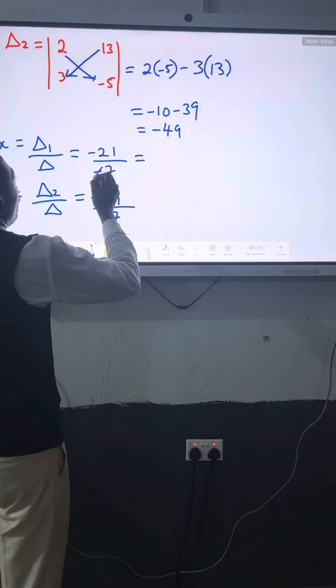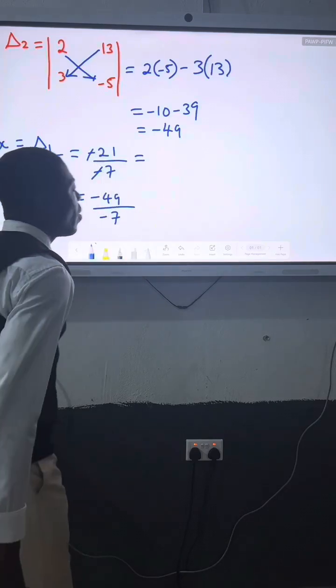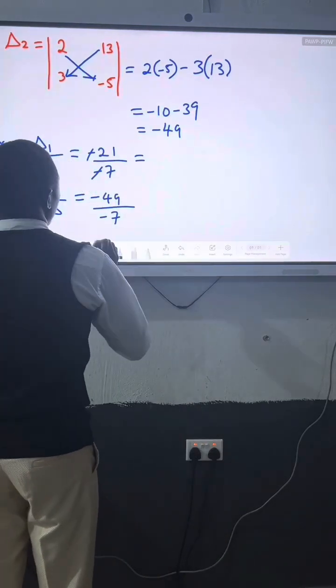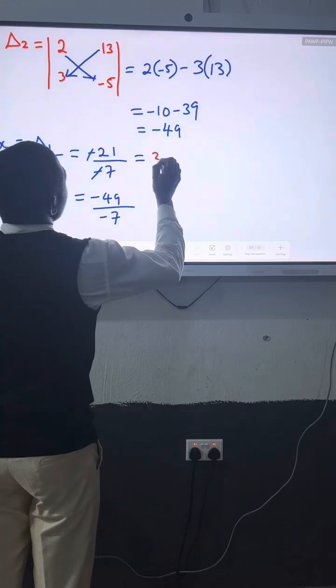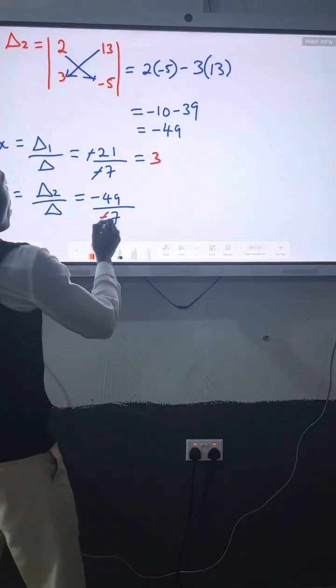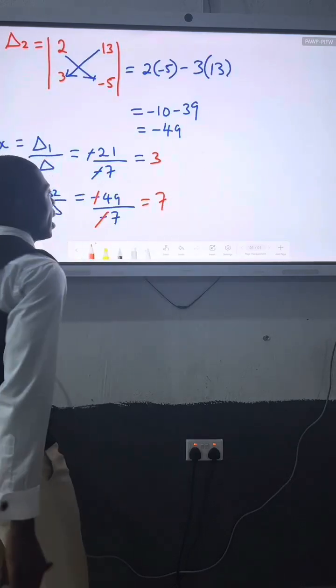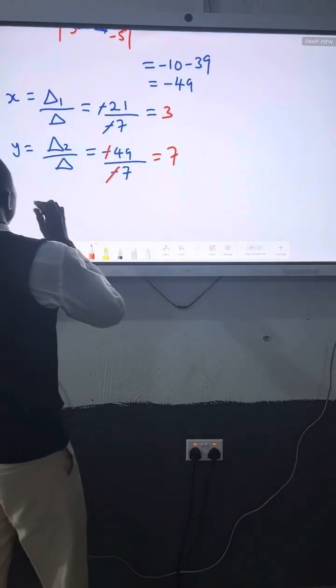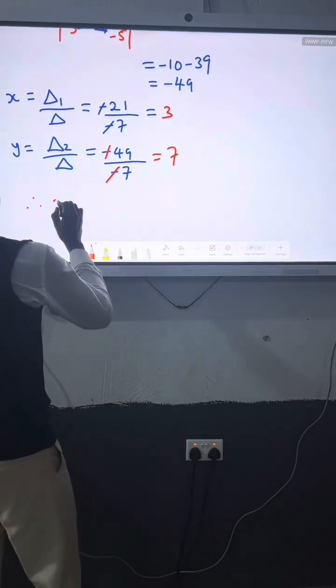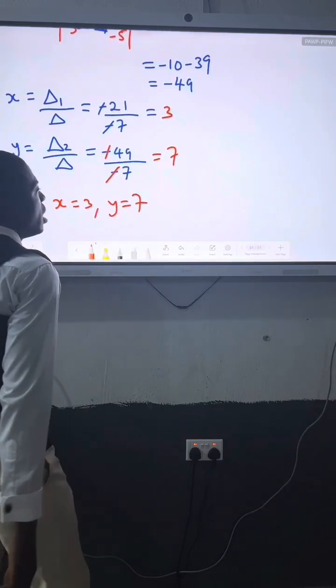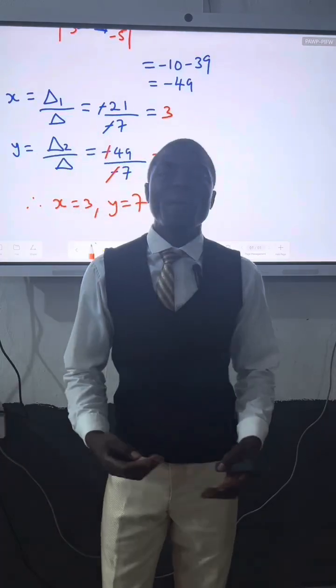Over here, minus cancels minus, 21 divided by 7 is equal to 3. Let me use another color to write the answer. It is equal to 3 here. Here, minus cancels minus also, 49 divided by 7, you get 7. So we can boldly say now that when x is equal to 3 and y is equal to 7, these two answers will satisfy the equations.